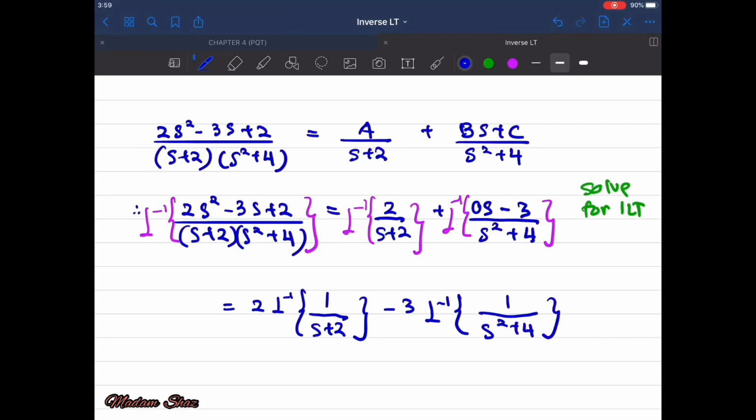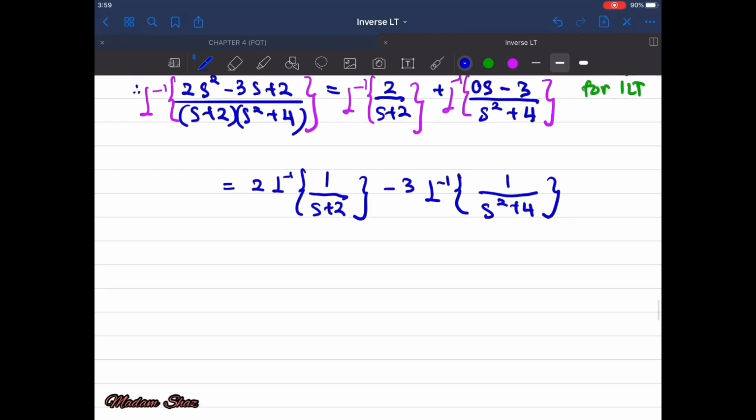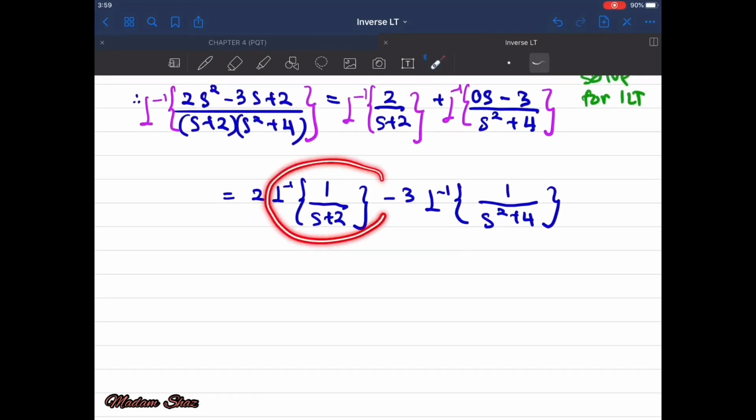So now you have to refer to the table of the Laplace transform, for which part you have Laplace inverse, a constant at the upper side, and you have s with the power of 1 at the bottom side. The second curly bracket, you have to refer whereby you have a constant at the upper side, and you have s square plus a number at the back.